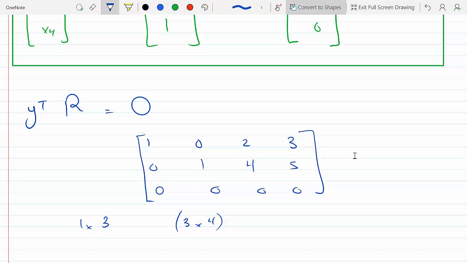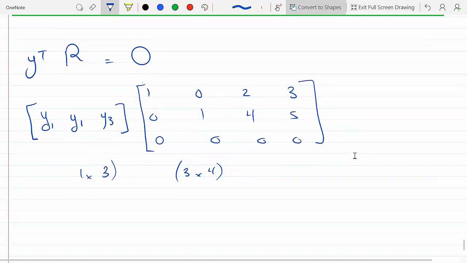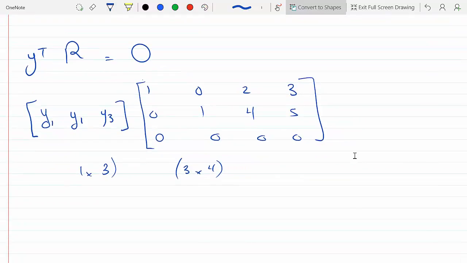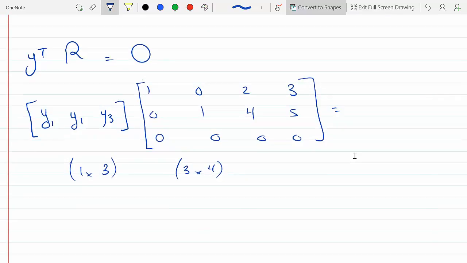So that means I'm gonna get y1, y2, y3. This is my y transpose. And now, of course, when I multiply a 1 by 3 times a 3 by 4, I'm gonna get a 1 by 4. So 1 row, 4 columns.